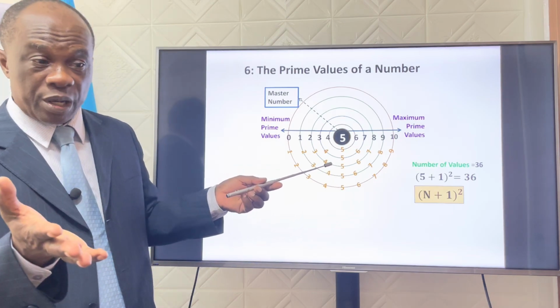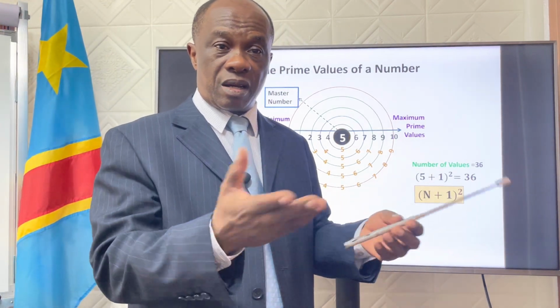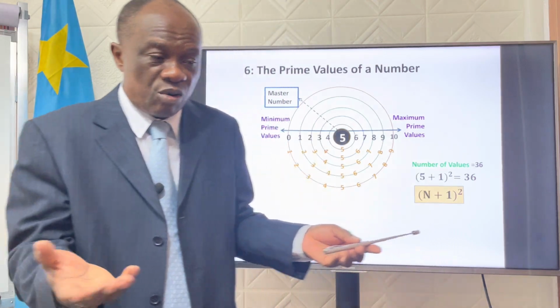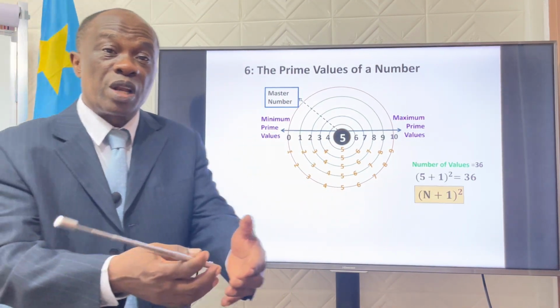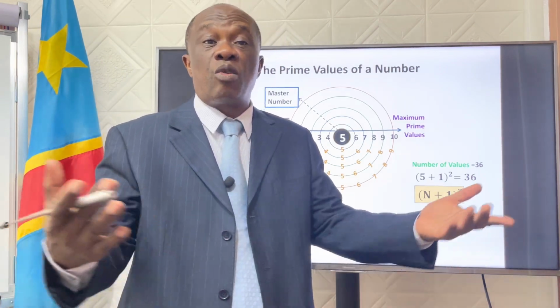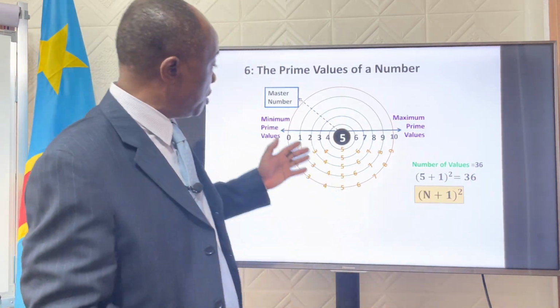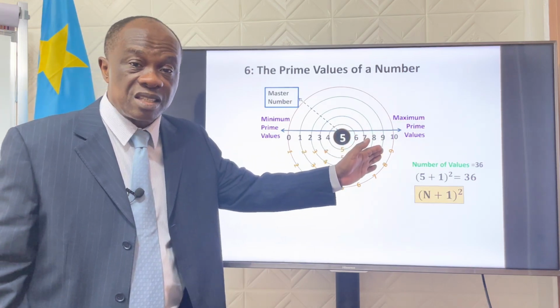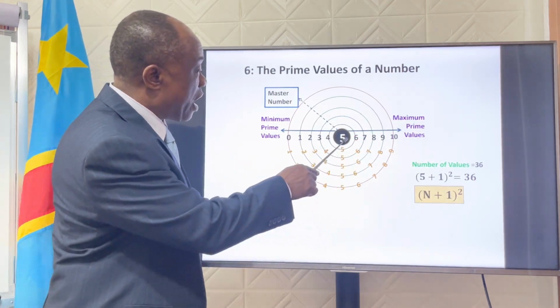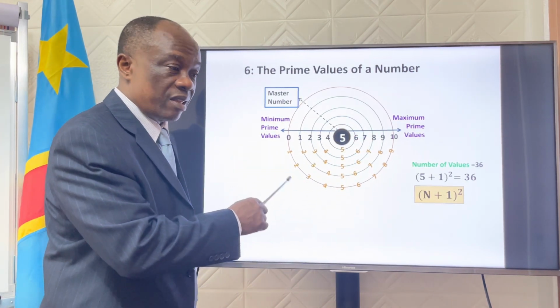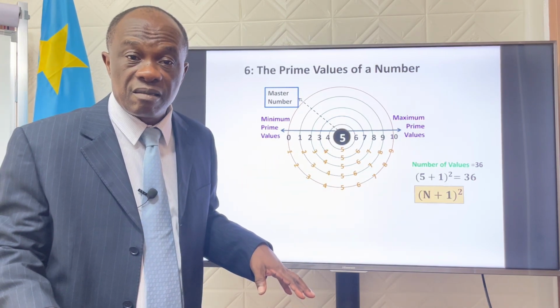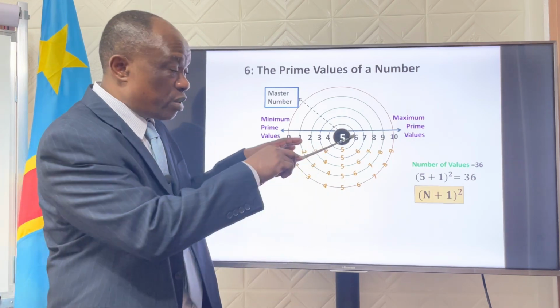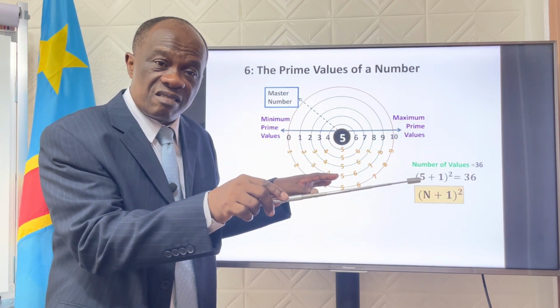Because in our classic or conventional mathematics, we have only one way to use 5. 5 equals 5. But here, it means that 5 can take 36 different values to accomplish a certain task.